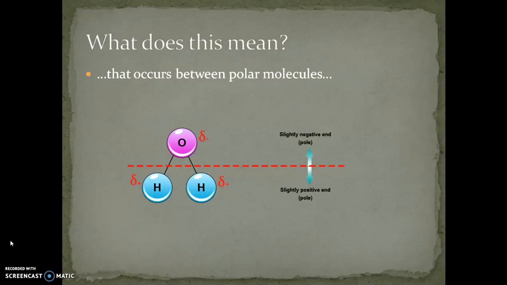The next part of the definition that we are going to look at is that occurs between polar molecules and what exactly a polar molecule is. For example, on water molecules, we have two hydrogens that are slightly positive bonded with an oxygen, which is slightly negative.